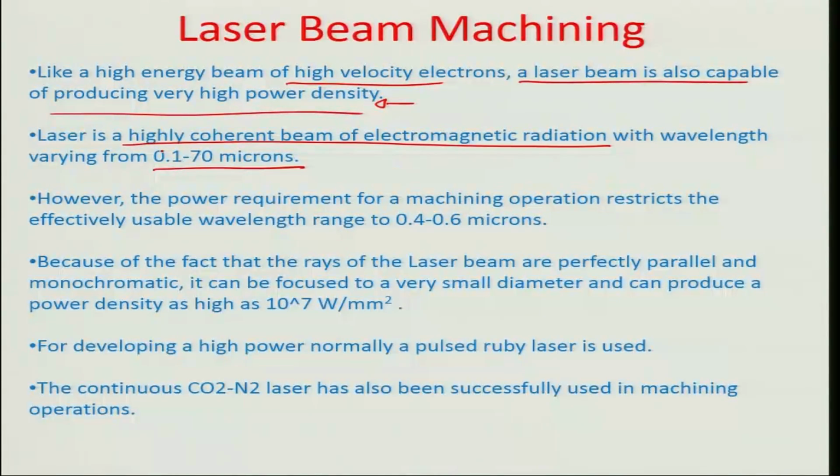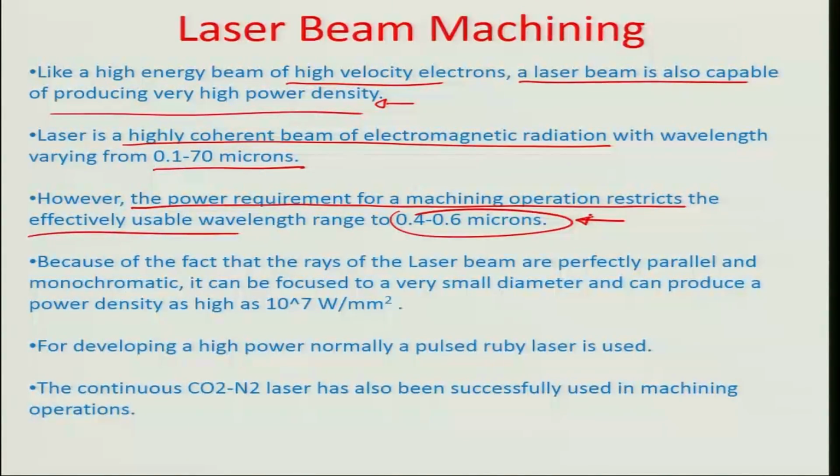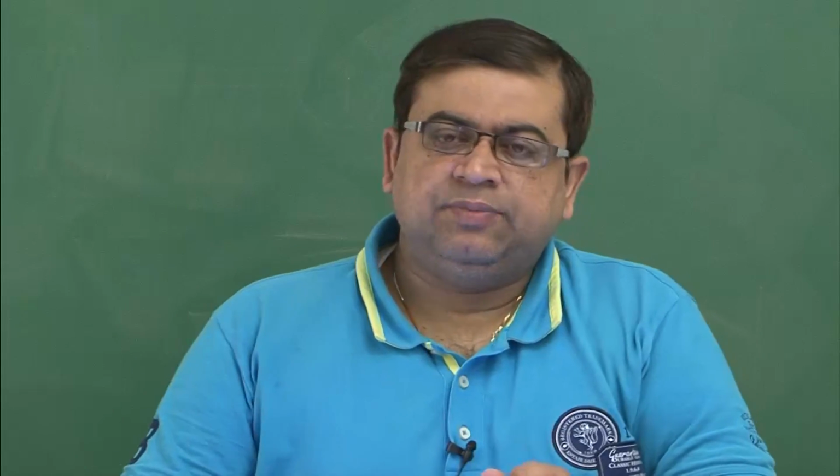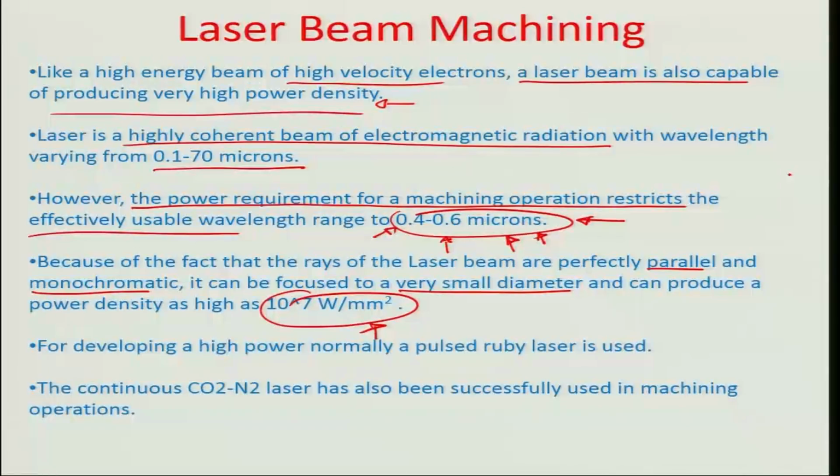The power requirement for a machining operation restricts the effectively usable wavelength range to about 0.4 to 0.6 microns, so about 400 to 600 nanometers. This is what is known as the visible range of the spectrum.